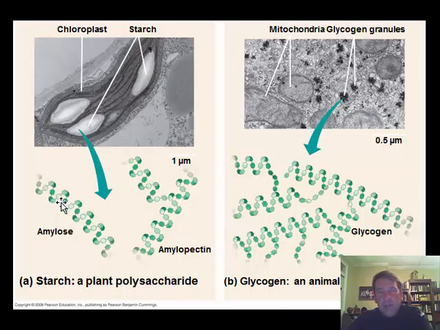So each one of these rings right here is representing a glucose molecule. And so we have a bunch of these that hook together to form this long chain here to form that polysaccharide. Okay, so that's some polysaccharides.